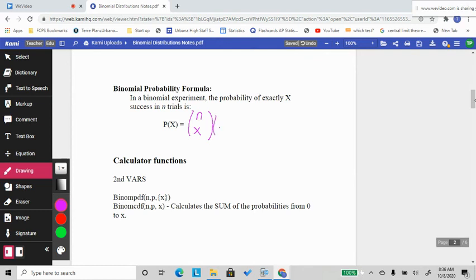Then you're going to take the probability of success, how many you want, the probability of failure, and how many you want. So this is your success. This is your failure. This is the number of failures.